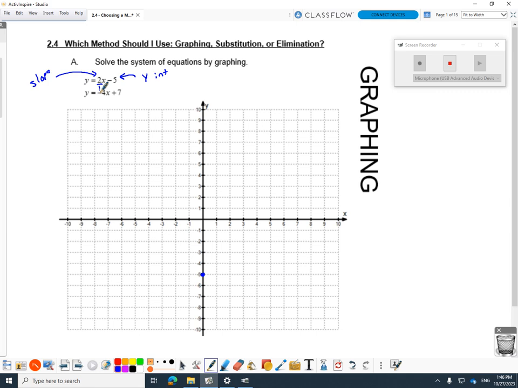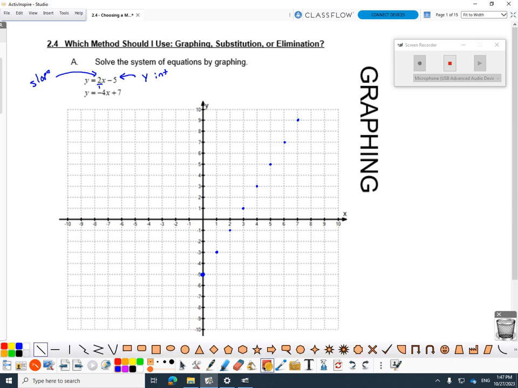Rise 2, run 1. I like getting all the points across. Of course, you don't have to do that. You can use your ruler. Just draw a line all the way through. There. First line done.